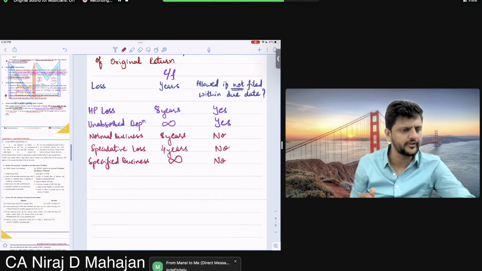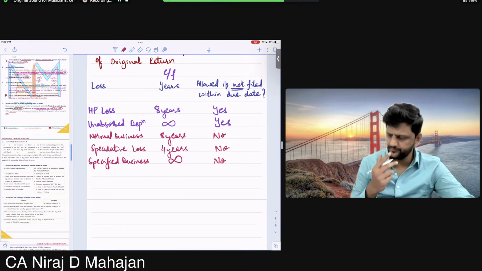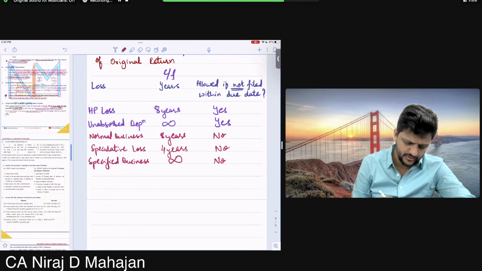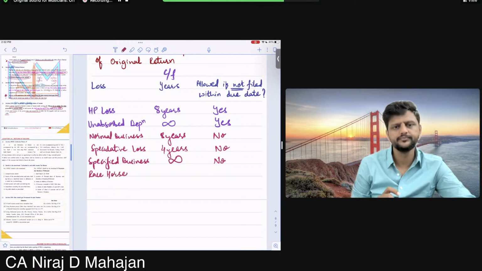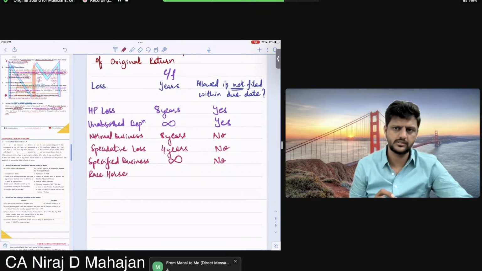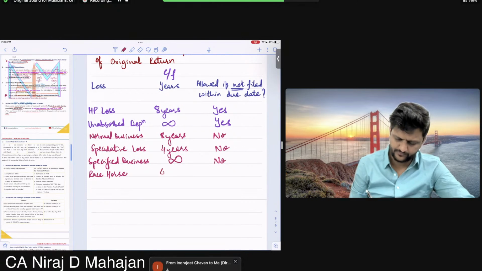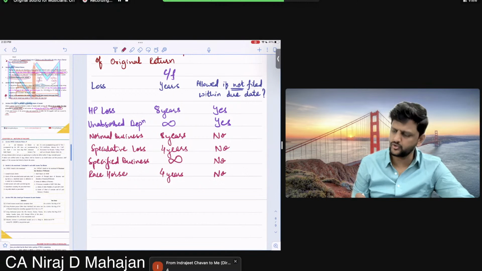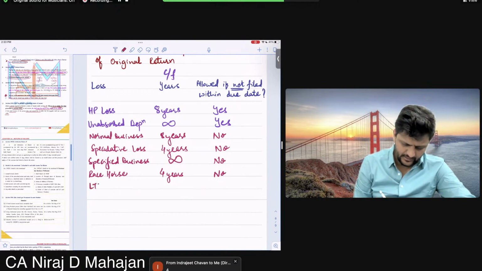Again, allowed to be carried forward without return? No. Race horse business, what? Obviously loss. How many years? 4 years only. Okay? Not allowed. And lastly बच्चों, LTCL or STCL.